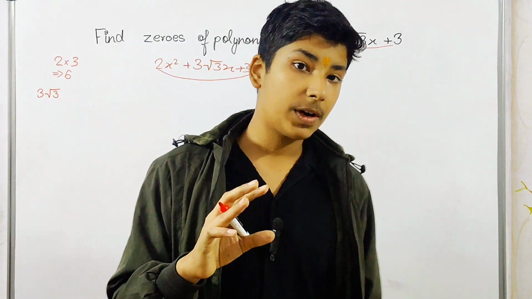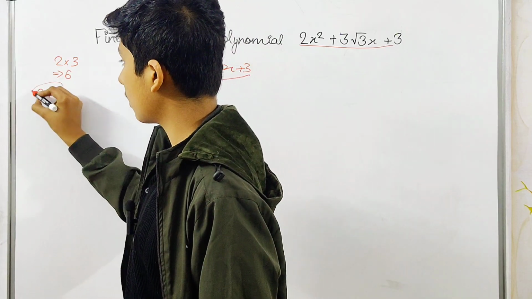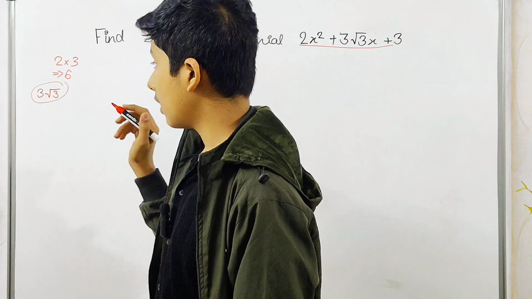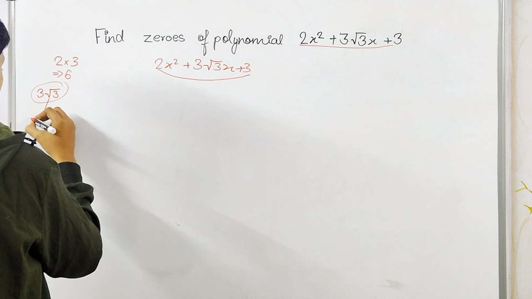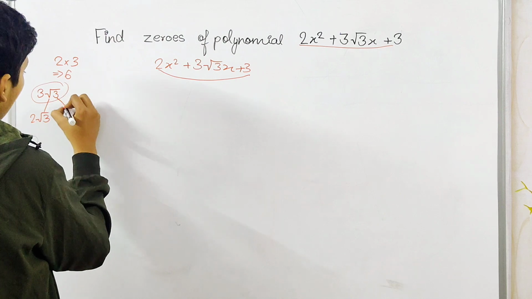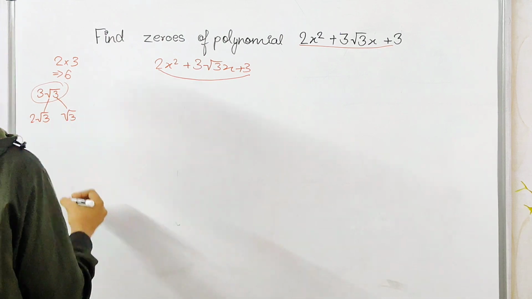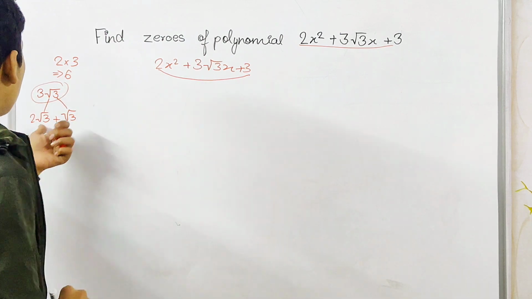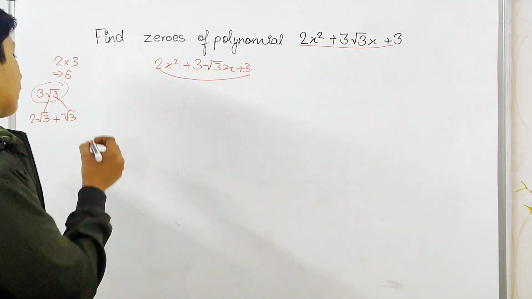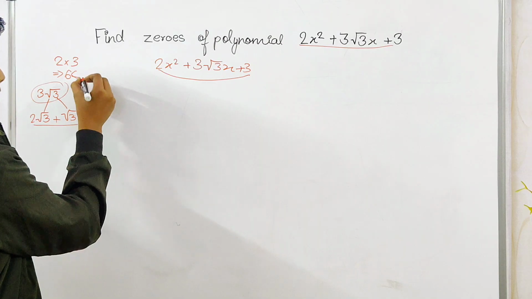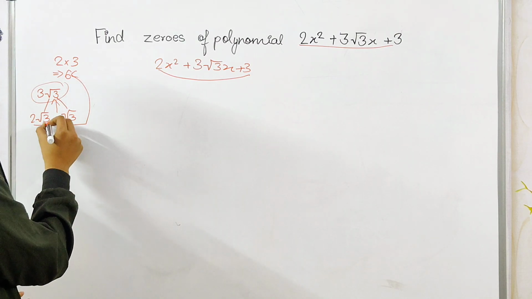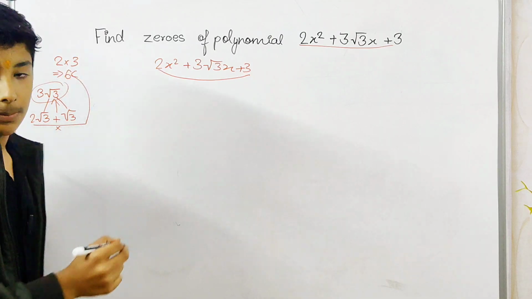Now we have to split this term in such a way that if we multiply the factors, for example, if I split it as 2 root 3 and root 3, so if we add them, it would be 3 root 3. But if we multiply them, it would be 6. So this thing has been satisfied. When we add them, this is coming. But if we multiply them, then this is coming.